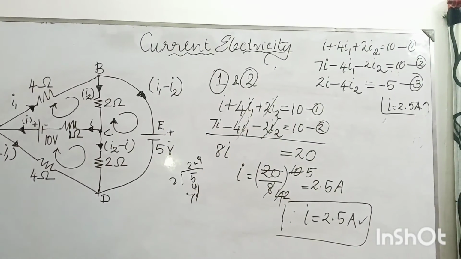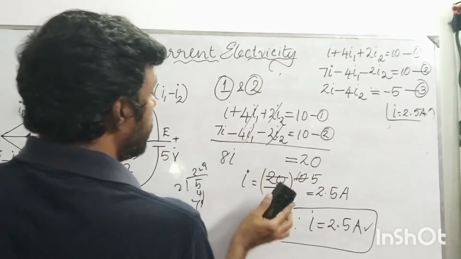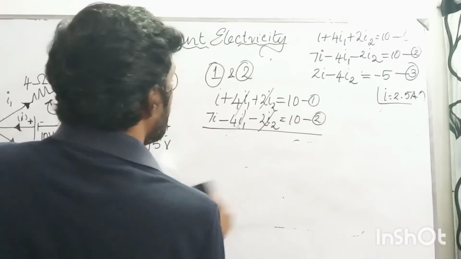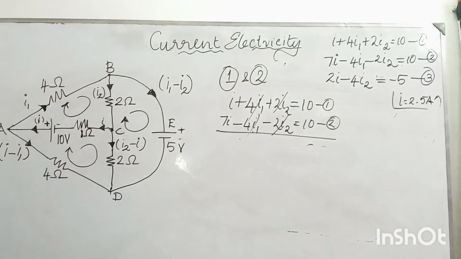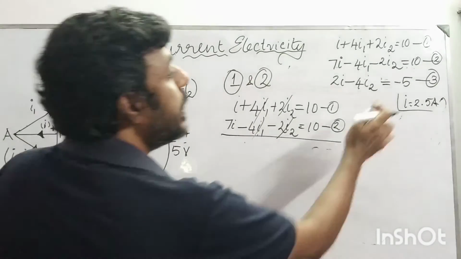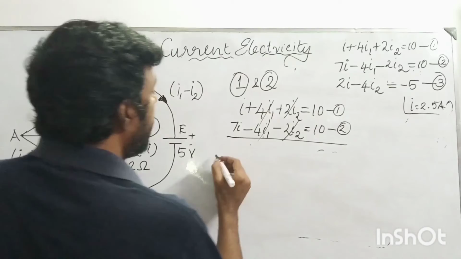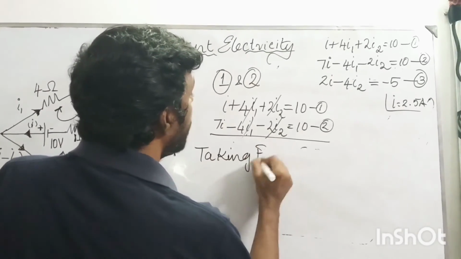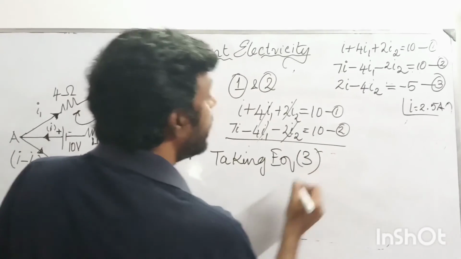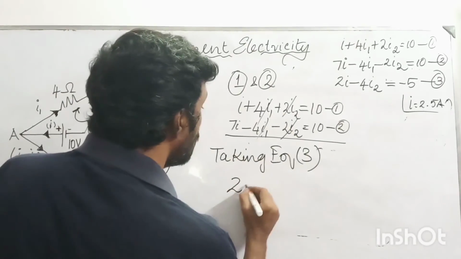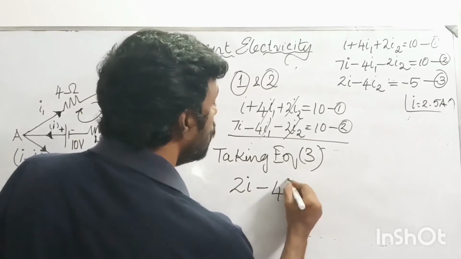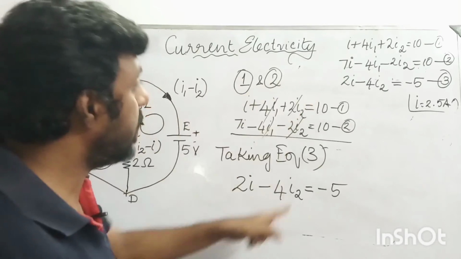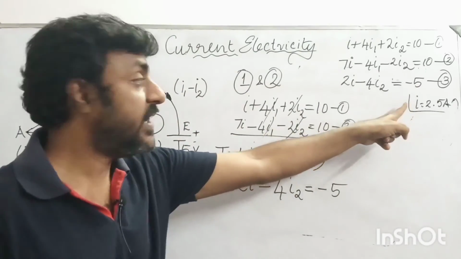Fair enough. Next, we need to take another thing. Let's take equation number 3: 2I minus 4I2 is equal to minus 5, right?